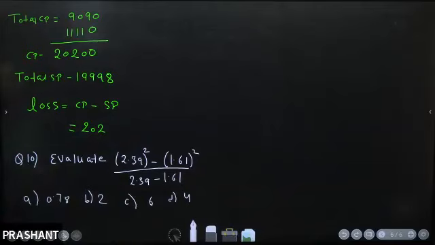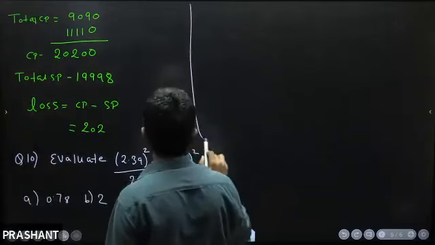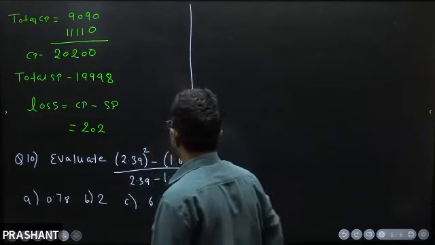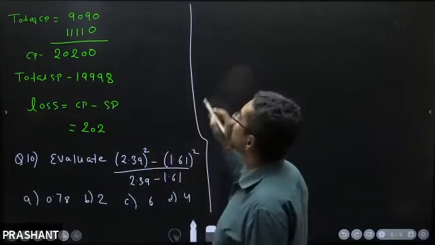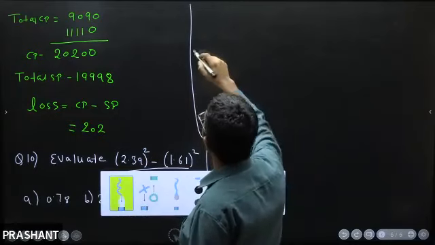Yes, anyone else? Four. Yeah. So this is a square minus b square. So that is nothing but a square minus b square is a square minus b square, मतलब (a plus b) and (a minus b).